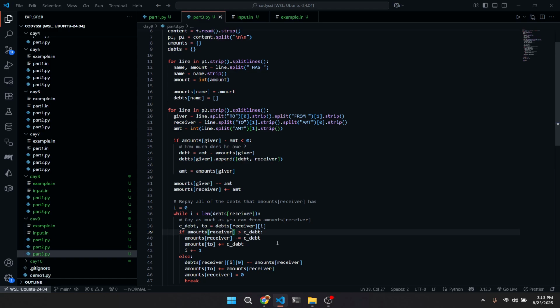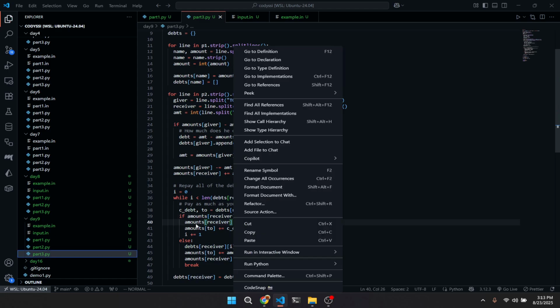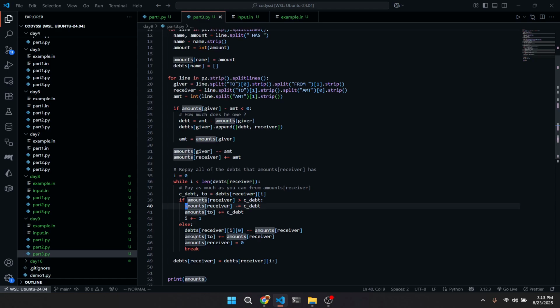So if I can currently pay all of my debt, then that just means pay all of your debt by going amounts at receiver, right? Because I can pay all of it, and then I go to the next.